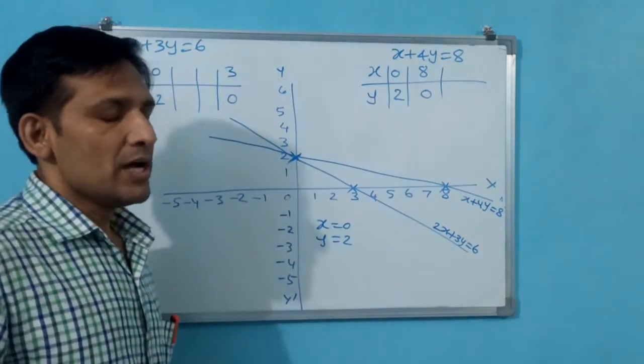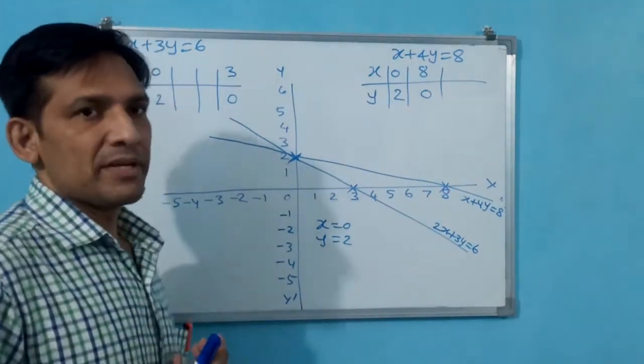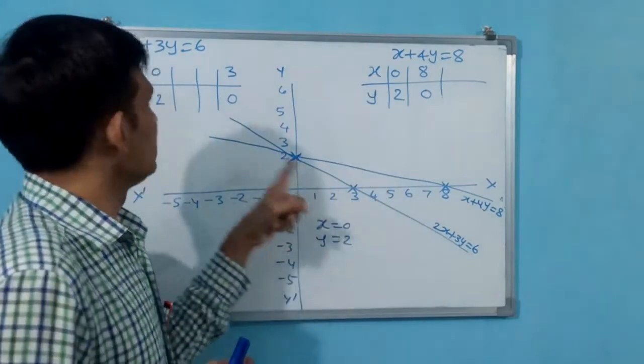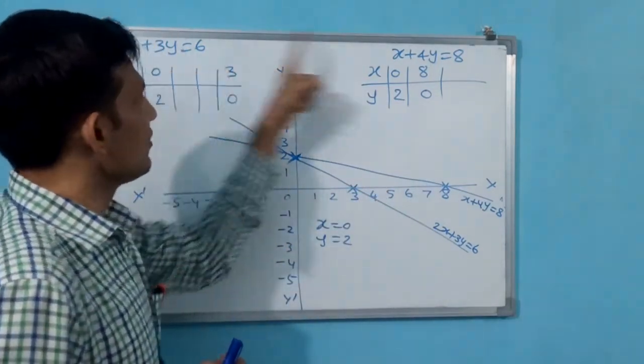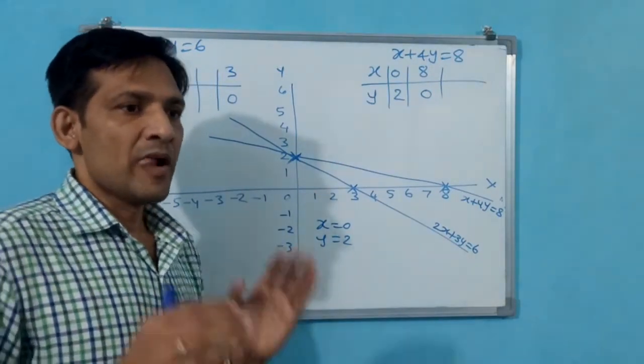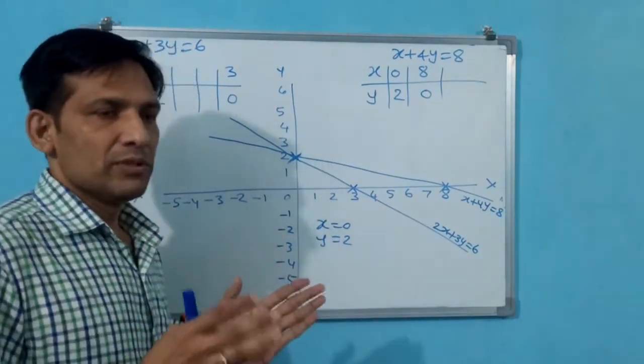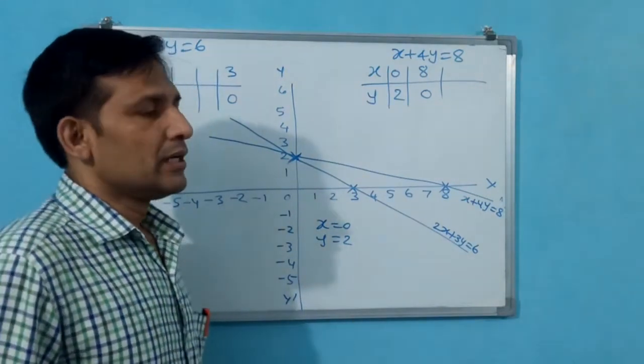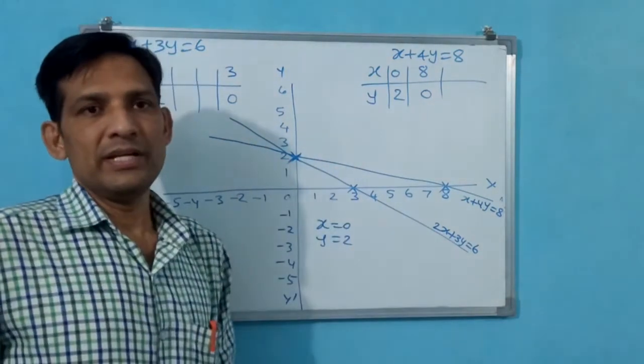Okay. Now let us summarize what we have observed. If any additional constant is there, the graph is not going to pass through the origin. And simple linear equations are going to come as lines only.